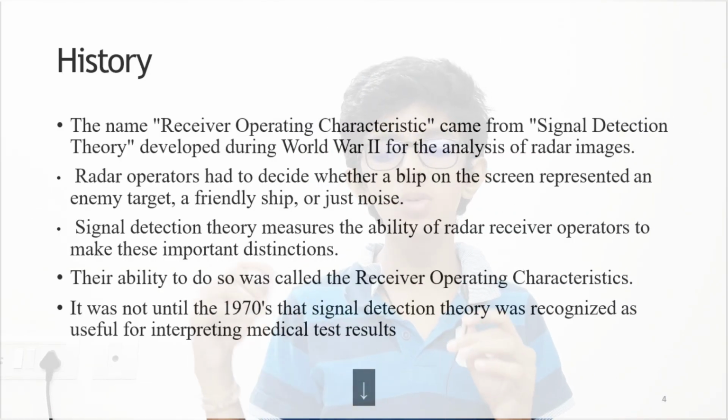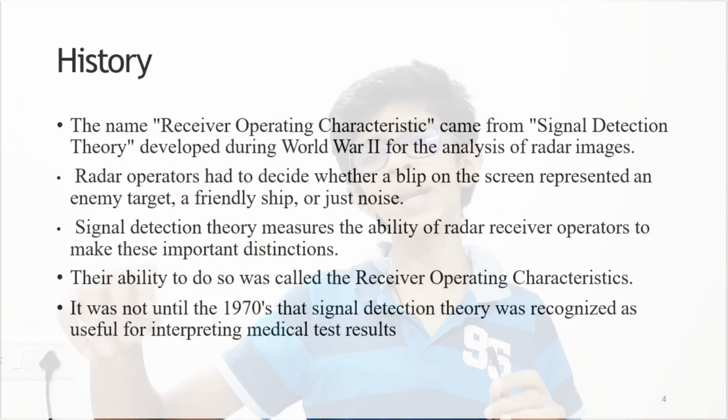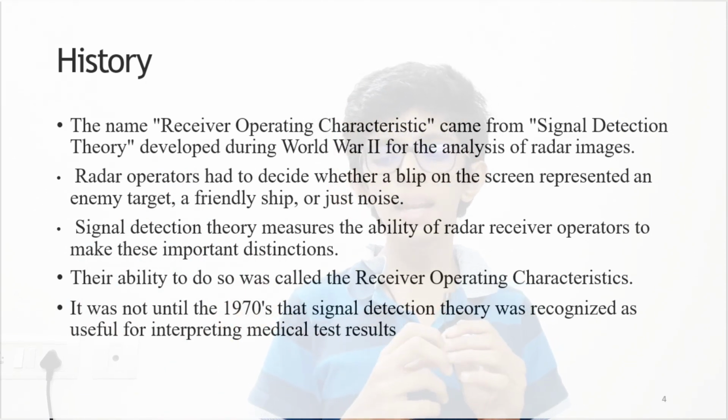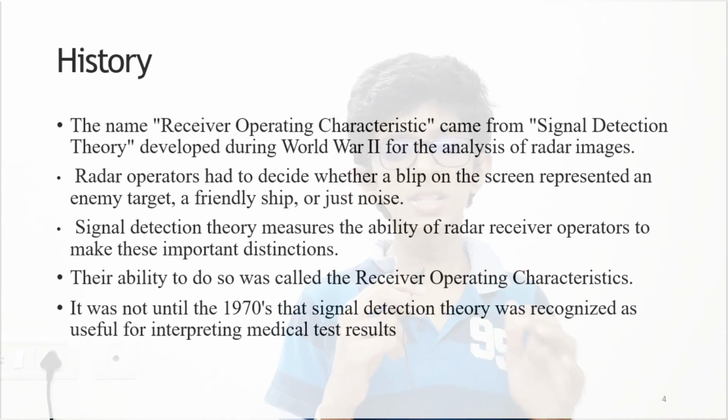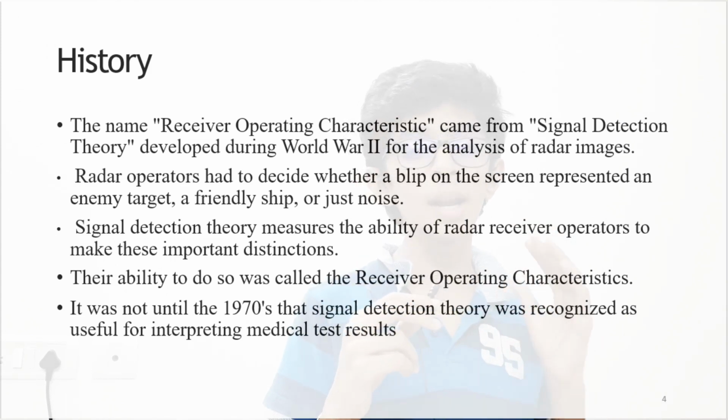History of the ROC curve. The name ROC, receiver operating characteristic, came from signal detection theory developed during World War II for analyzing radar images. The radar operators had to decide whether a blip on the screen represented an enemy target, a friendly ship, or just noise.